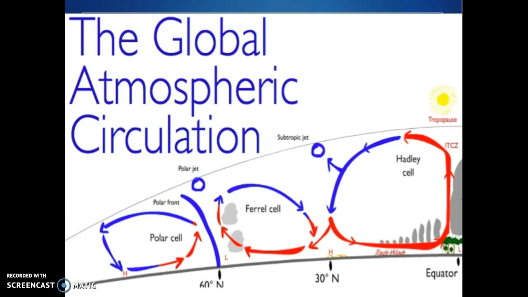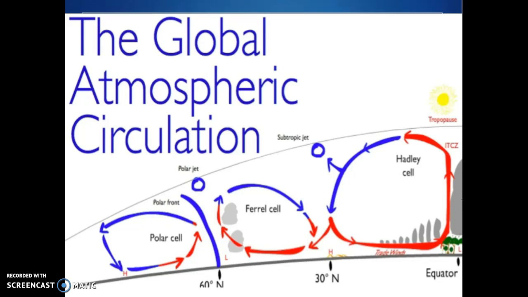Hadley cell features air rising near the equator, and I'll show it on the next picture. Air is rising up and coming up to the poles, and then descending in the subtropics when returning equatorward toward near the surface.